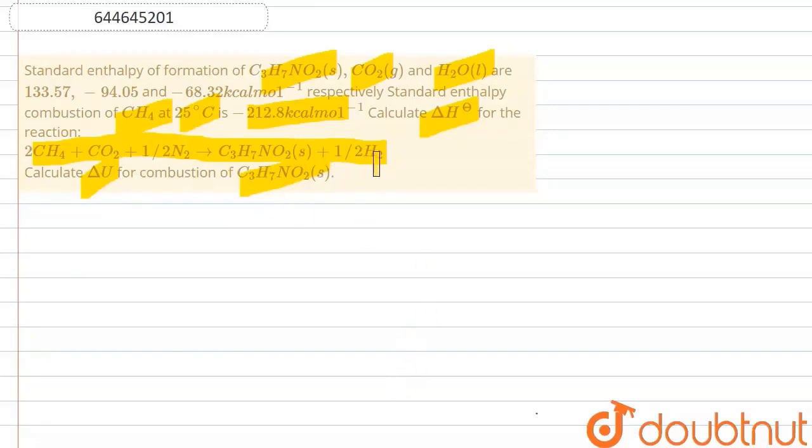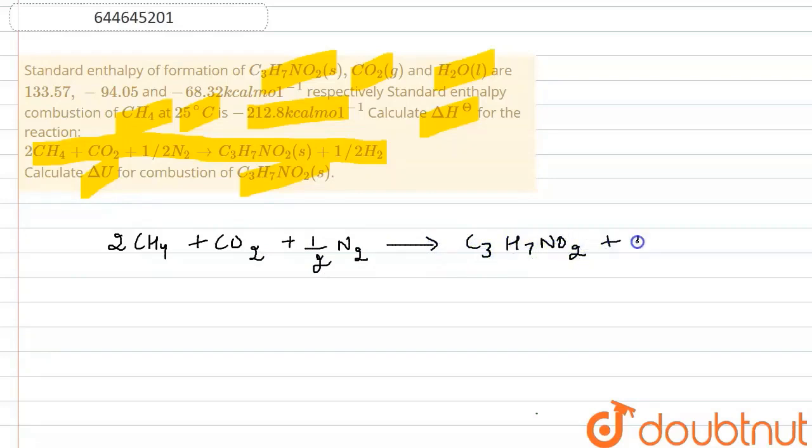So firstly, to find out delta H, we need to know the enthalpy of formation of methane, CO2, N2, C3H7NO2 and also of H2O. Some of the enthalpies of formation have been given to us. So what we are going to do is write down the reaction firstly. The reaction is 2CH4 plus CO2 plus half N2 giving C3H7NO2 plus half H2.